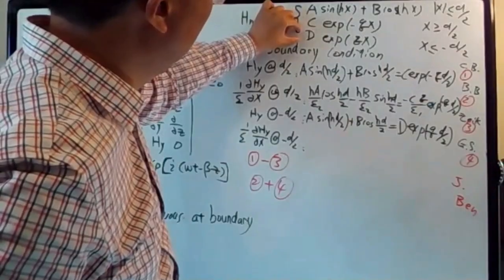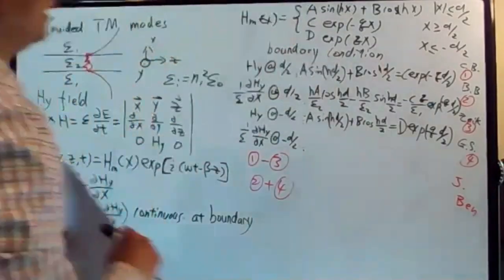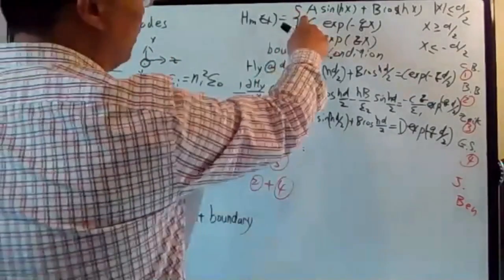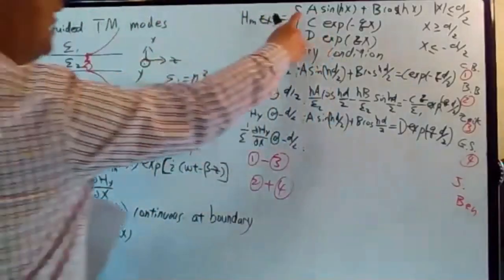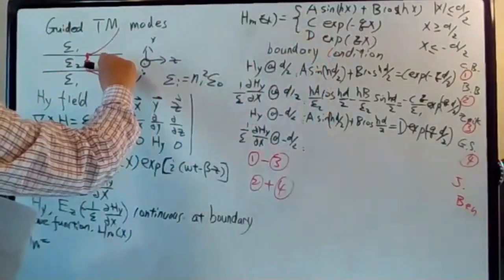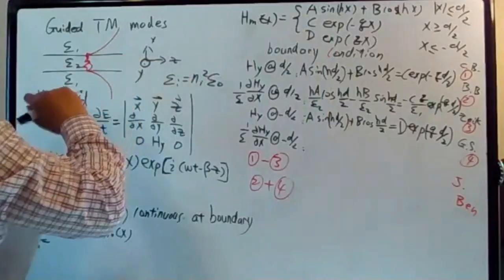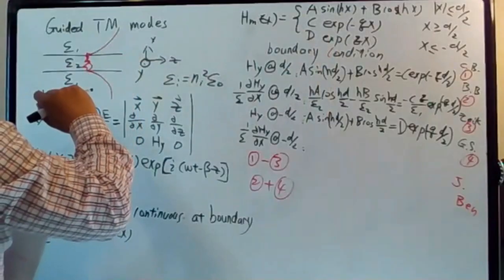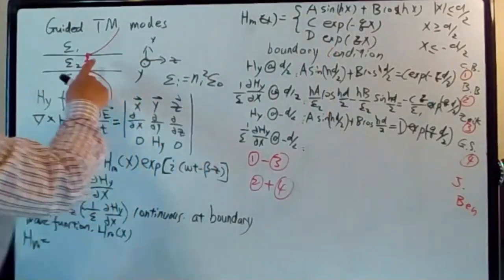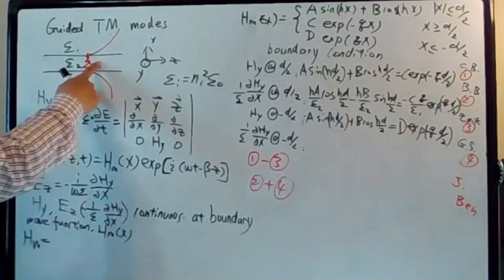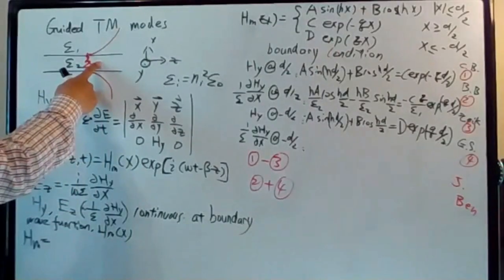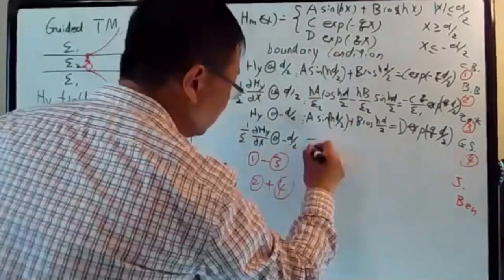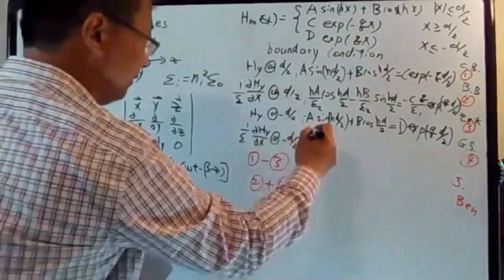I'm going to use the first and third piece. Yes, that's good. Now inside the core, are you going to use epsilon 1 or epsilon 2? Sorry, epsilon 2. Thank you. So go ahead, 1 over epsilon 2.